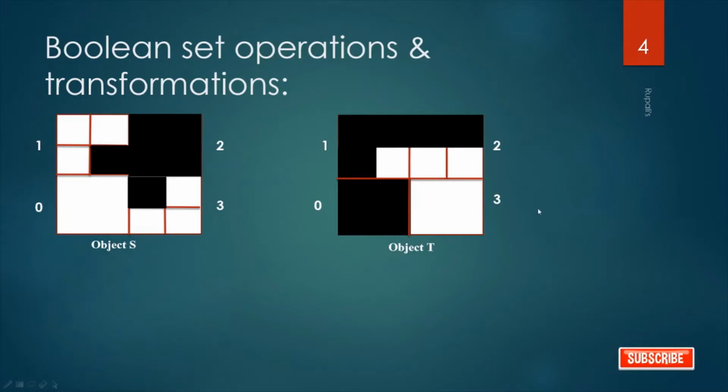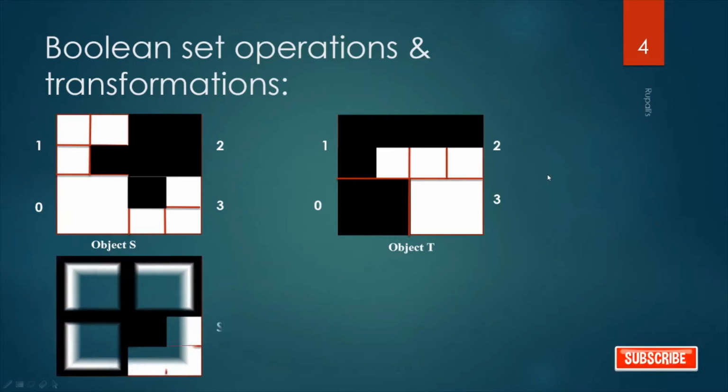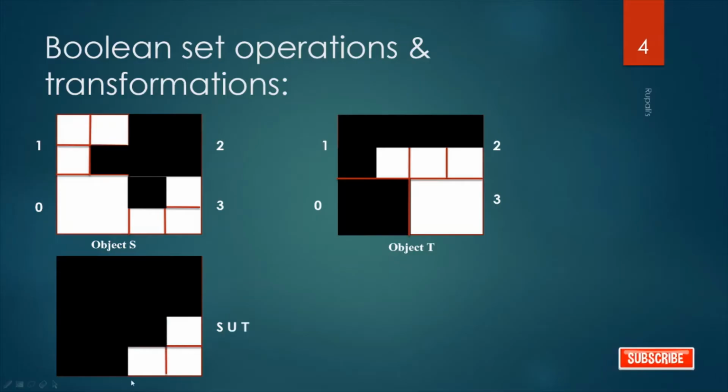Now when I want to make the union of these 2 objects, we get this figure. See this figure and this figure. In the 0th quadrant, it is full in both, so after union it is full.